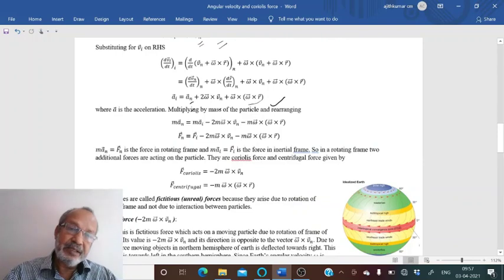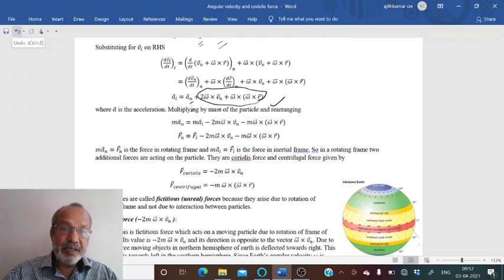We take these two quantities to the left hand side, so that will become minus, and multiply by m, then you will get m an is equal to m ai minus two terms here.